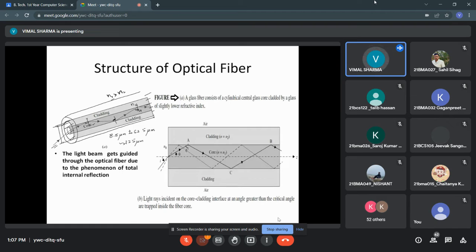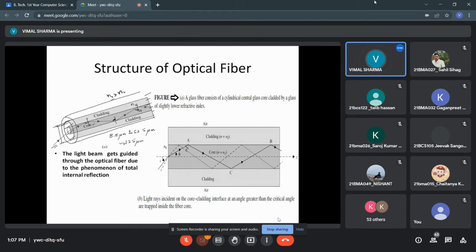So we launch light through this optical fiber. Dimensions of this optical fiber are also important. We discussed them in detail yesterday. All the dimensions are in the micrometer range.